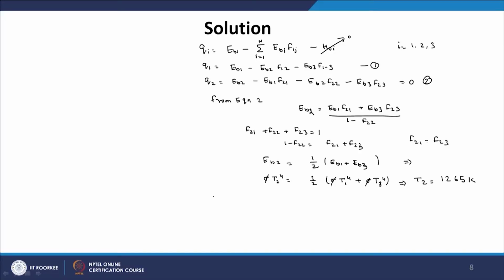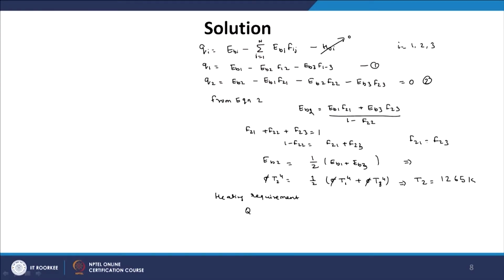Now, to find out the heating requirement, that is the amount of energy we have to supply to the electric heater so that the bottom surface can be maintained at a temperature of 1500 Kelvin, will be equal to the surface area A1 times Q1, and this will be equal to pi r square.